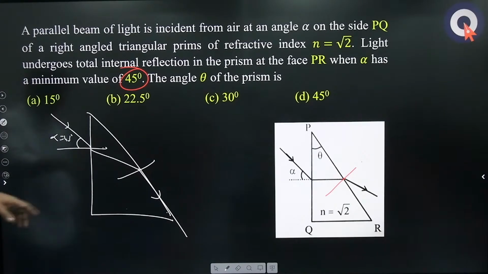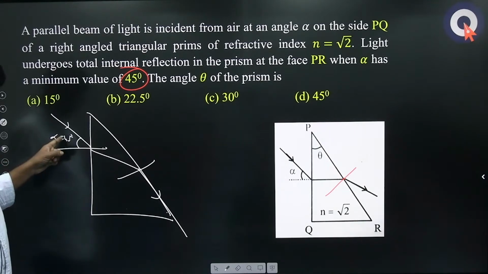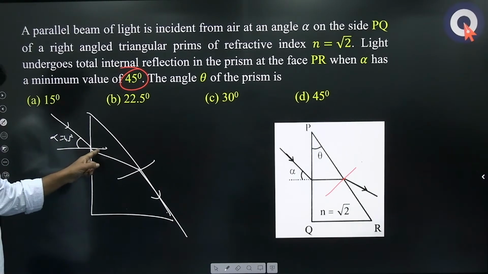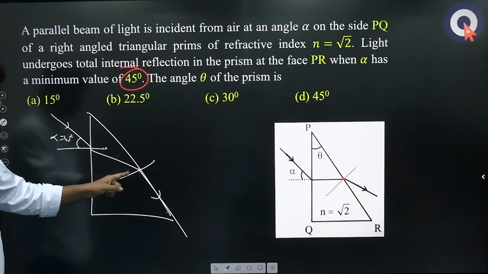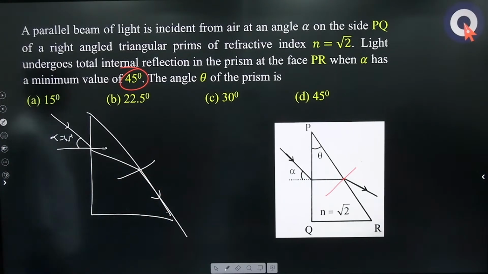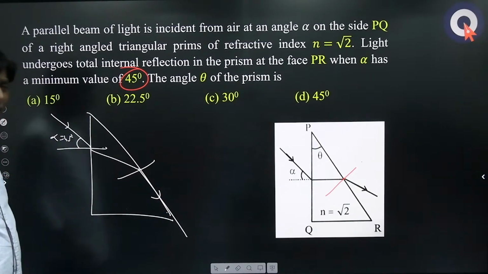The minimum angle, because if you increase this, this will increase, which means this will decrease, and then it will have a refraction. So the lowest value is 45. Okay, so angle theta.